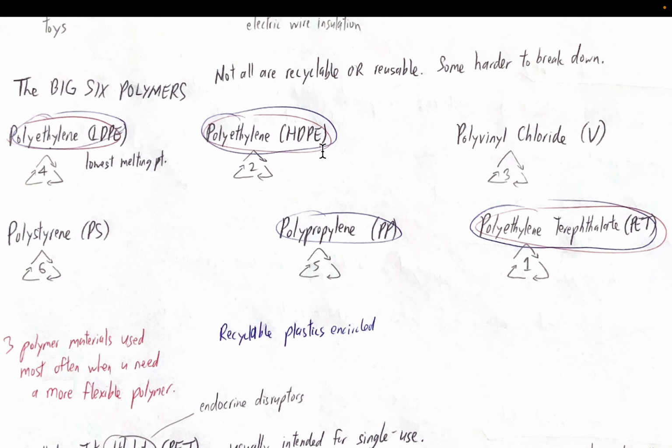So we have LDPE, HDPE, and PET. Recyclable plastics, we have LDPE, HDPE, polypropylene, and polyethylene terephthalate. So basically, what's not recyclable are PVC and polystyrene.